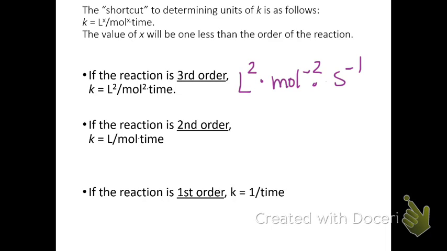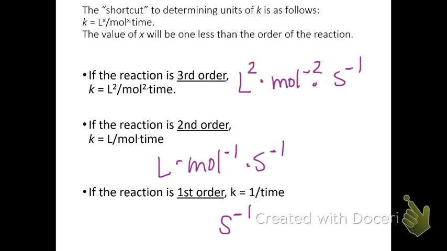That's the way I would write that. If it's second order, then it's just going to be liters times mole to the minus 1 times second to the minus 1. And then if the reaction is first order, then all of your moles per liter will cancel out, and it would just be second to the minus 1 if it was seconds here.